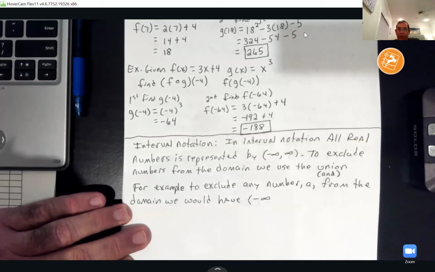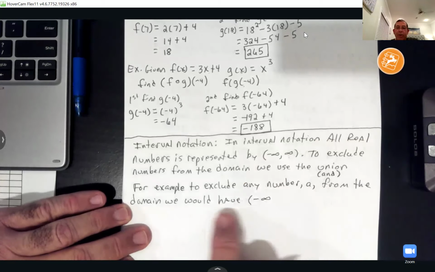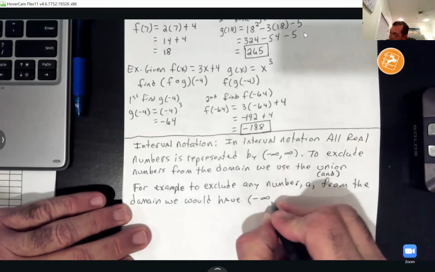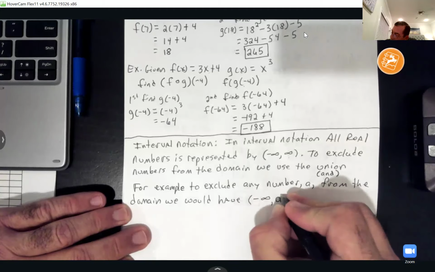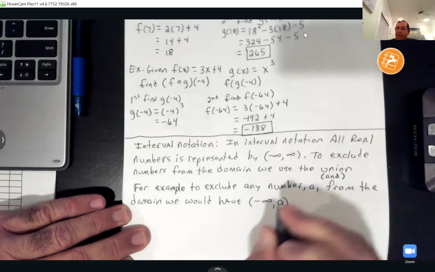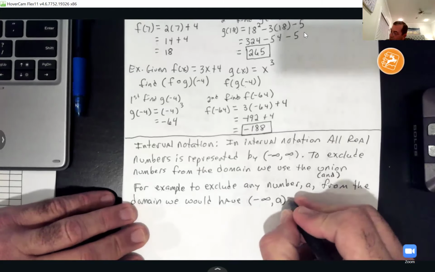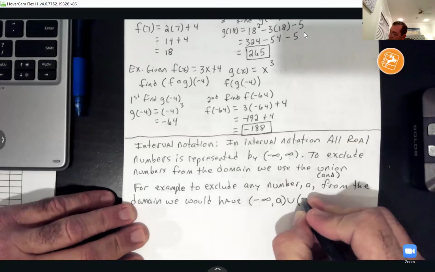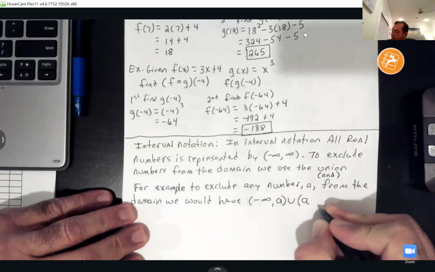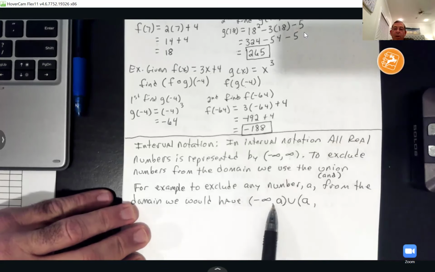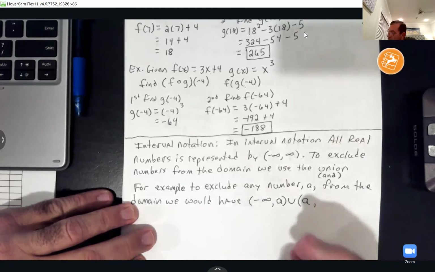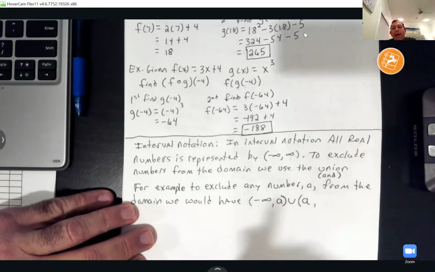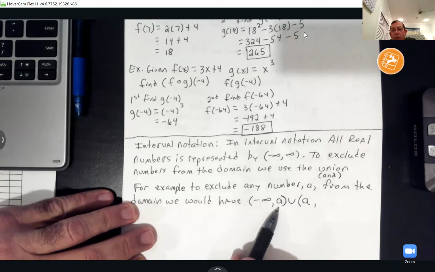When you're dealing with functions. So to exclude this a, I would go from negative infinity to the a. I use curvy parentheses. And then I would use that union and then open up parentheses with the a. So the number you exclude, because see, y'all, when you use curvy parentheses, that means it does not include that number.